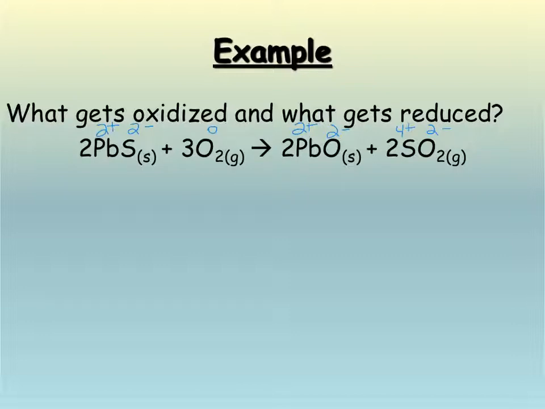The things that are changing here are the sulfur and the oxygen. Sulfur is going from 2- to 4+, which means it is losing electrons, so it is being oxidized.